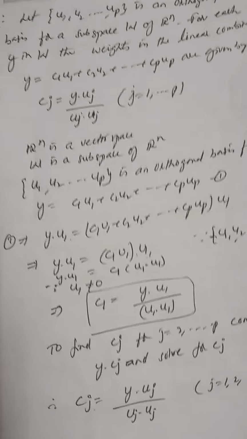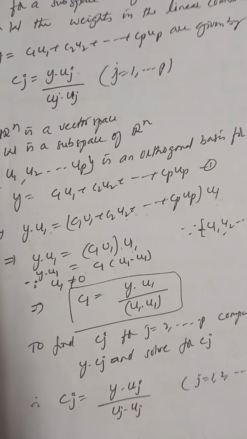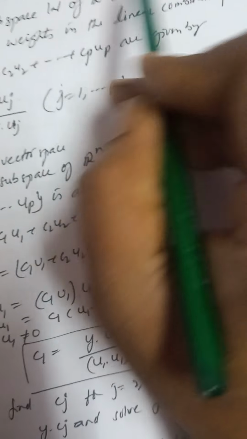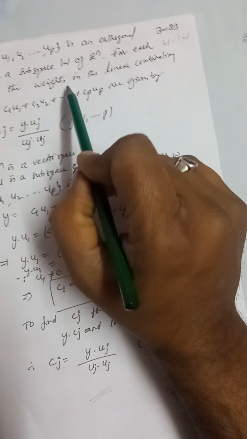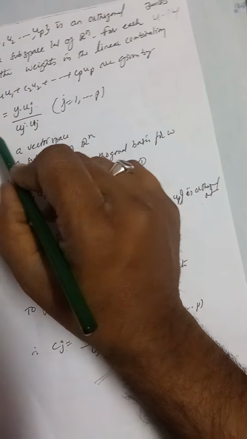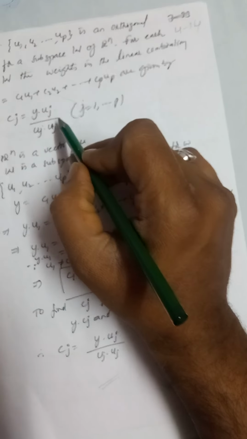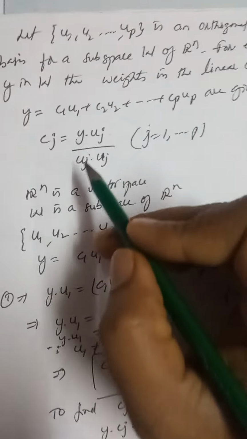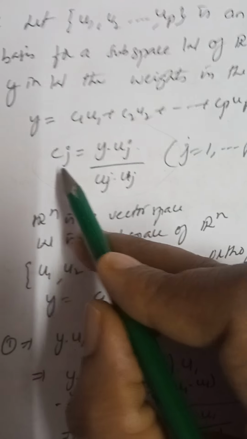Next one, see this one. If u1, u2 up to up is an orthogonal basis for a subspace W of R power n, then for each y in W, the weights in the linear combination are given by this formula. We have to show that Cj is equal to this. Put j equal to 1. What you will get?